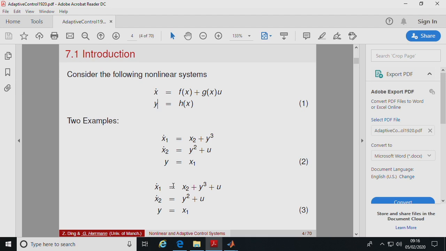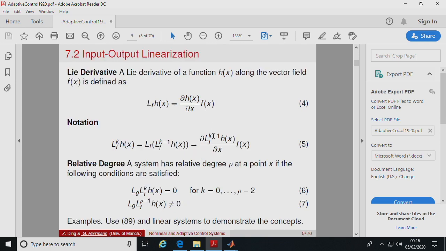We wanted to introduce some form of test or analysis which tells us that we can find a very specific output which guarantees that rho equals the system order n. So in the next step, we wanted to design an output H so that we can create a relative order rho which equals n. That was the important thing.